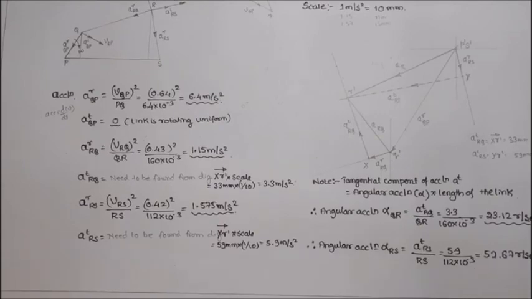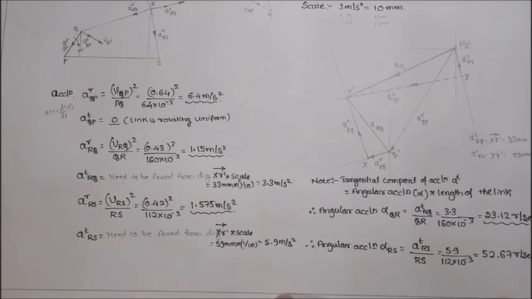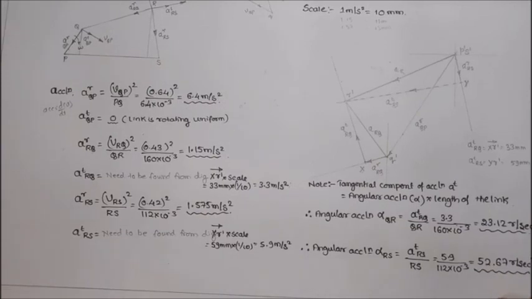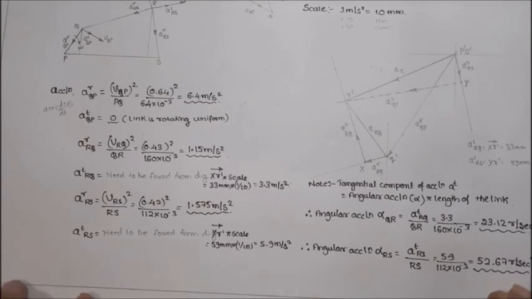So we need to highlight these values. We were told to find out the angular velocities and angular accelerations of the links QR and RS.